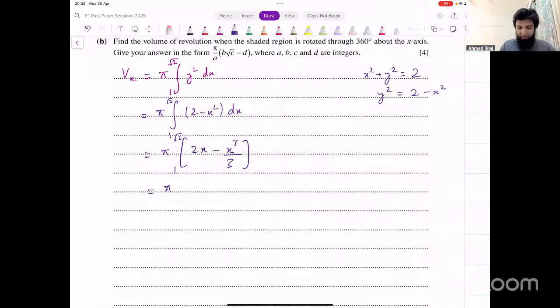Pi remains outside as it is. What does that give us? 2 under root 2 minus under root 2 whole cube divided by 3. And then we input 1 as the limit. And that gives us 2 into 1 minus 1 cube over 3. Subtract that from this.